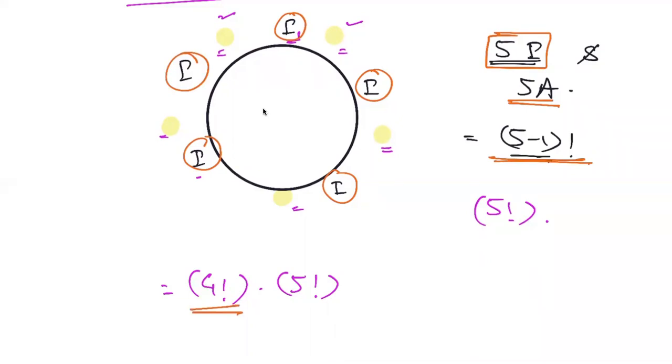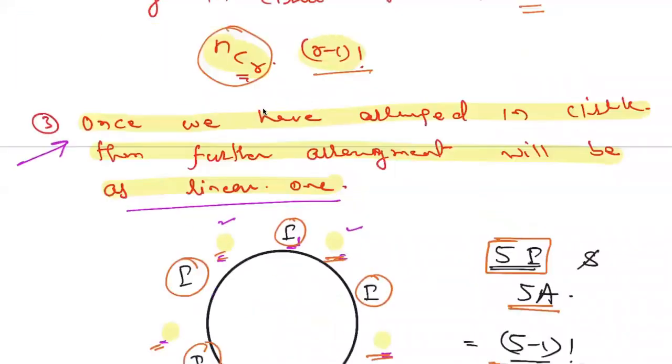But once we have arranged them in a circular way, we now have the specific position of all the 5 seats. So this will work as linear. So in this case, Americans can sit there in factorial 5 ways. So 4 factorial into 5 factorial for this case. This is the third one.